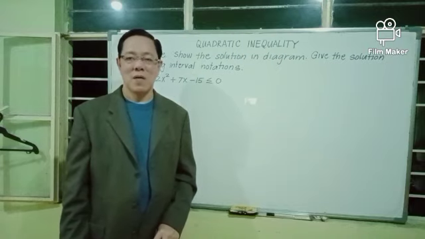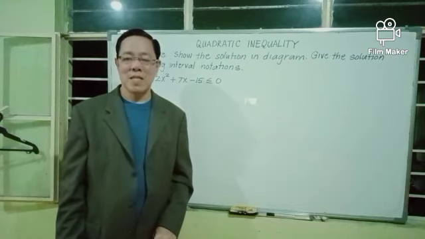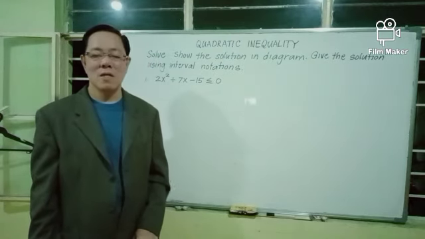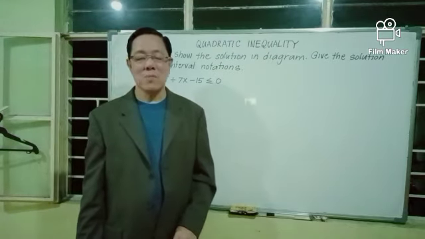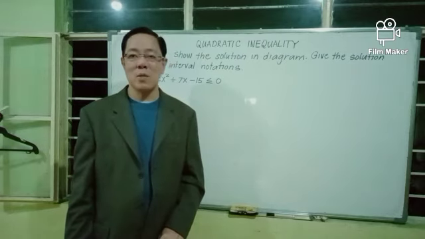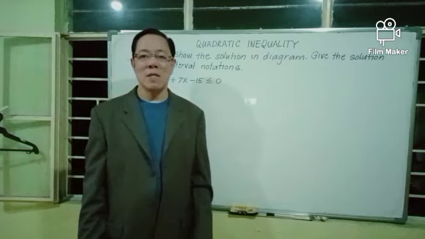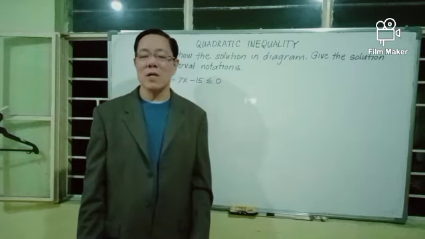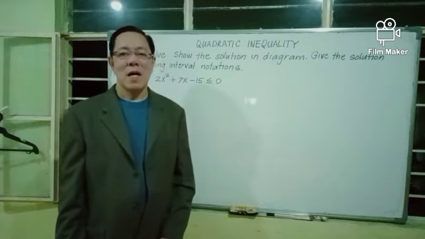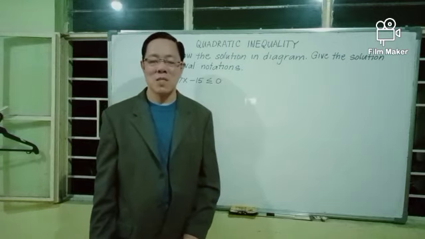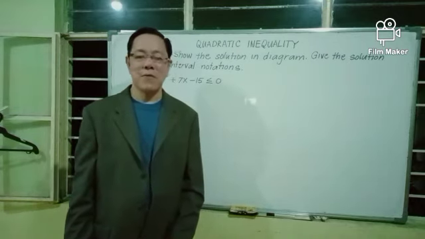And we have learned three types of interval notations: the open interval, in which both endpoints are excluded from the set; the closed interval, where both endpoints are included in the set; and the half open interval, where one of the endpoints is excluded from the set.